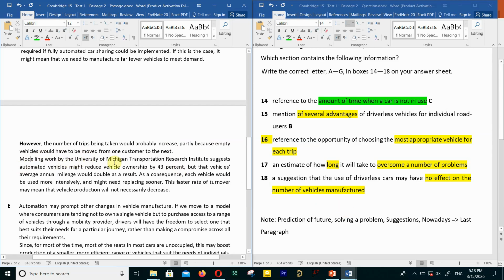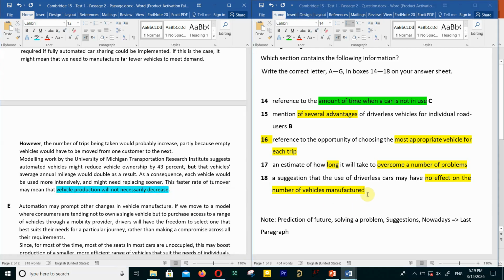Modeling work by the University of Michigan Transportation Research Institute suggests automated vehicles might reduce vehicle ownership by 43%, but importantly vehicles' average annual mileage would double as a result. As a consequence, each vehicle would be used more intensively and might need replacing sooner. This faster rate of turnover may mean that vehicle production will not necessarily decrease.